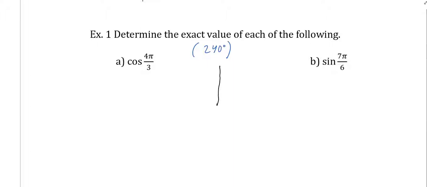So I'm going to start by drawing out the grid. And if I'm 240, I'm here. I'm going to redraw that because it's a little bit more like that. So if this whole thing is 240, then what's this part?